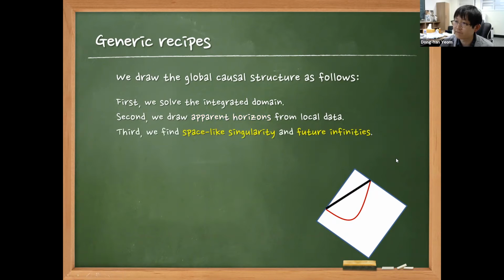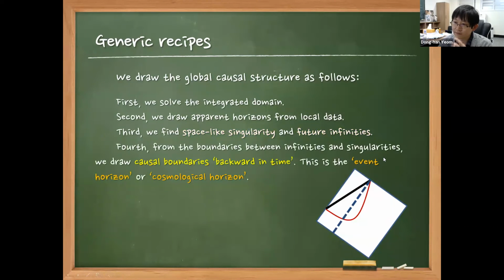And then also you need to find space-like singularity and future infinities if there exist. So there may be no future infinity, or there may be no space-like singularity, but you need to find whether it is or not. So this black thick curve is nothing but I conceptually draw the space-like singularity here.